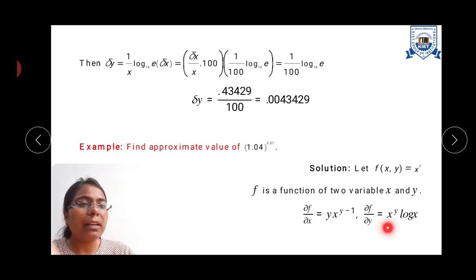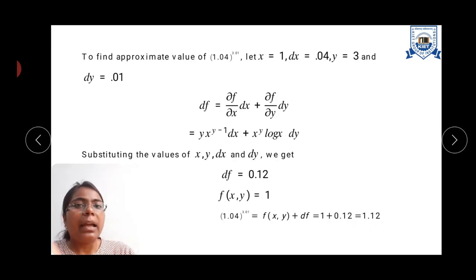So del f over del y is equal to x to the power y log of x. And if we put this value in this equation, we know that del f is equal to del f by del x dx plus del f by del y dy.